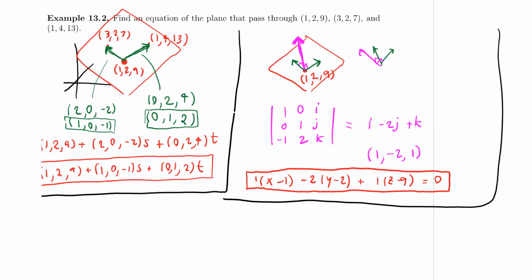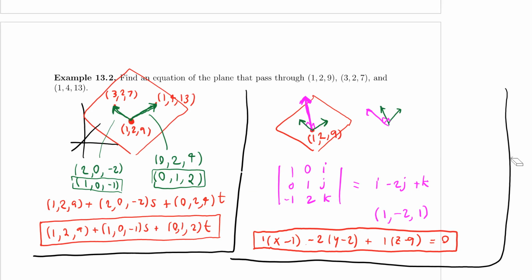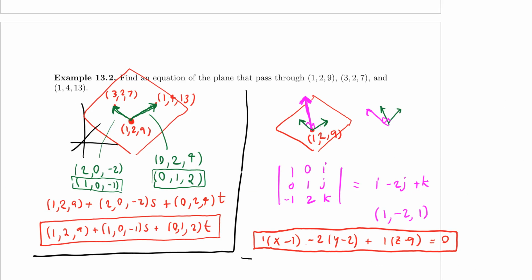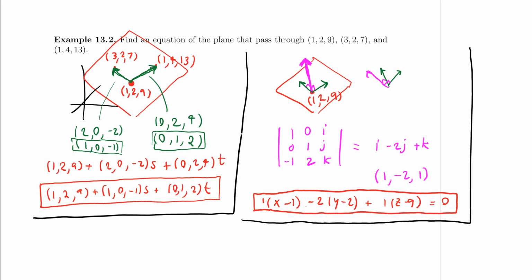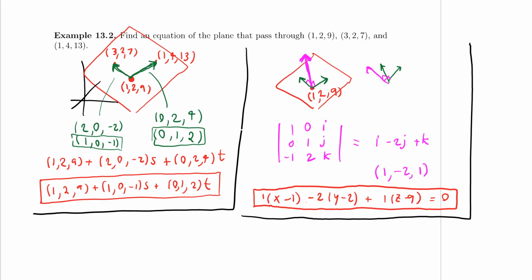Now, third time's the charm. Let me show you a third way to achieve this same goal. I'd like to find an equation of the plane that goes through these 3 points. The general form of the equation of a plane is ax plus by plus cz equals d.